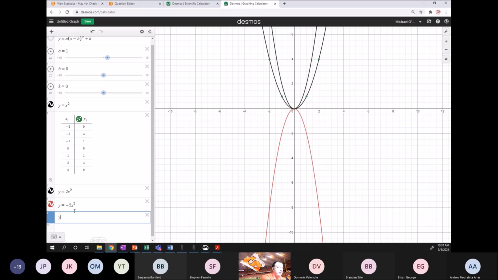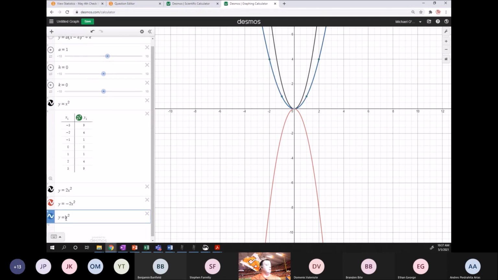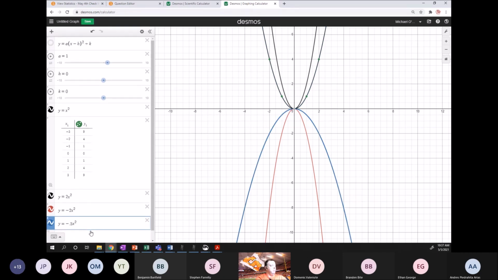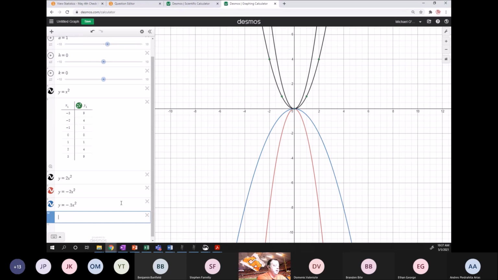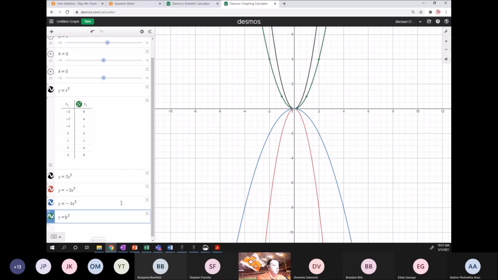I'll make another one negative. Y equals this. So type in chat if you think you know what happens. I'm going to put a -0.5, and I'll do a positive 0.5.